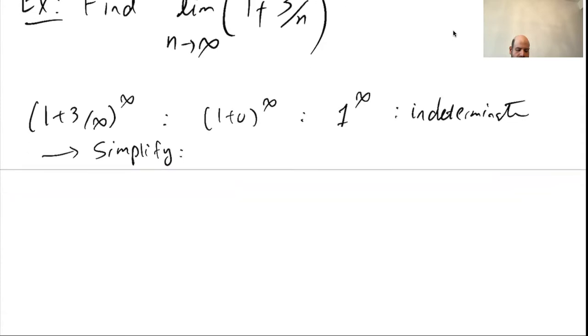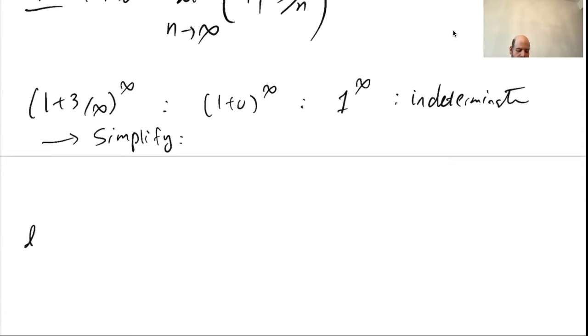Now, how can we simplify? What is the limit that we're asked to calculate? The limit of (1 plus 3 over n) to the power n, as n goes to infinity. Let's say I want to use substitution.